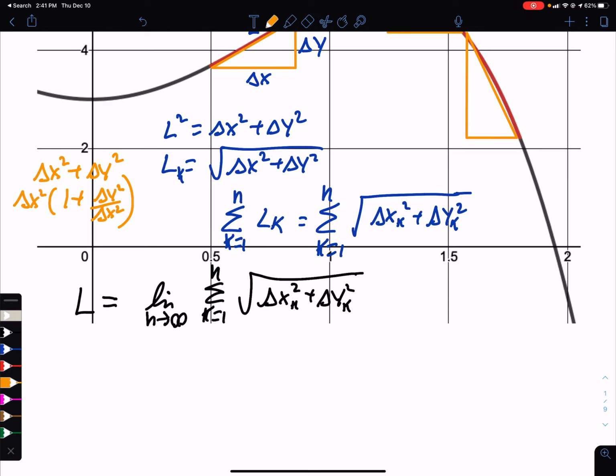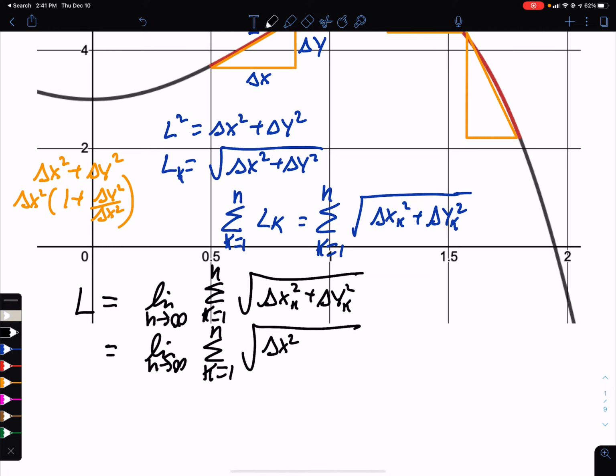So that's what I'm going to do. I'm going to replace this with delta x squared times 1 plus delta y squared over delta x squared. Then I can factor that out, right? Square root of delta x squared is just delta x. And so I'll get this.